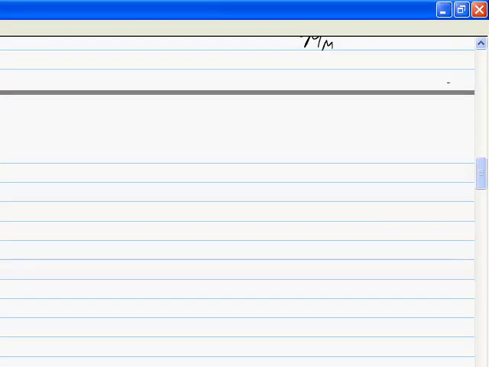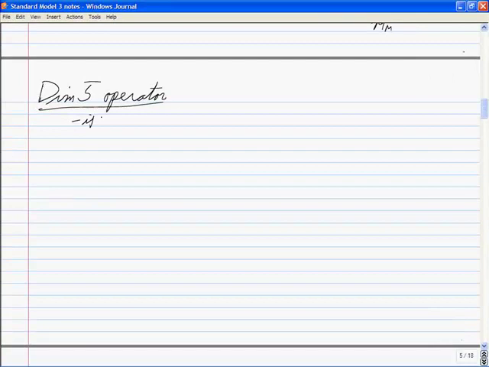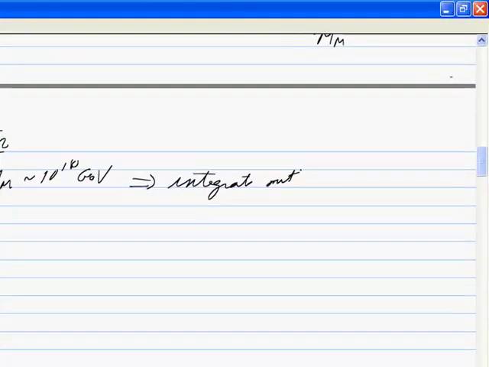Remember, if nu right is of order, and Majorana is 10 to the 10 GeV, you can integrate it out. So if you integrate it out, then you're only going to be left with your light fields.